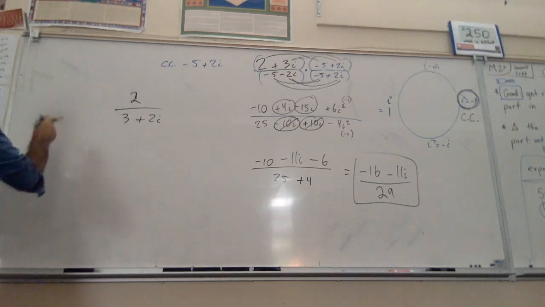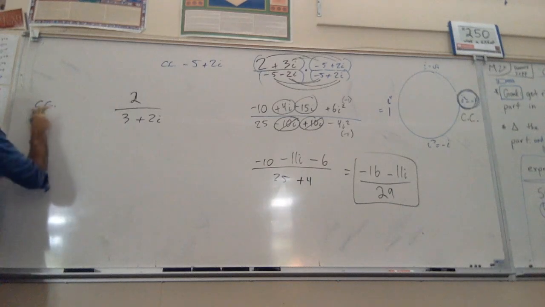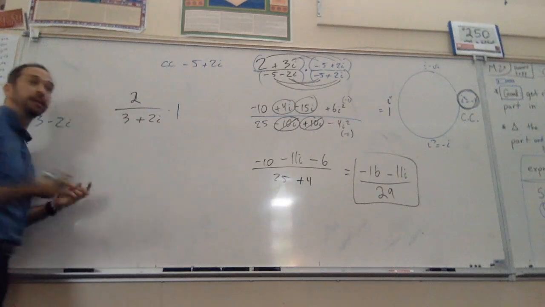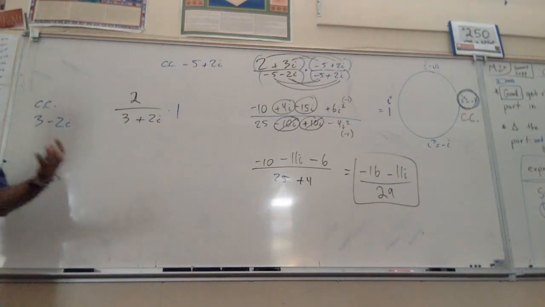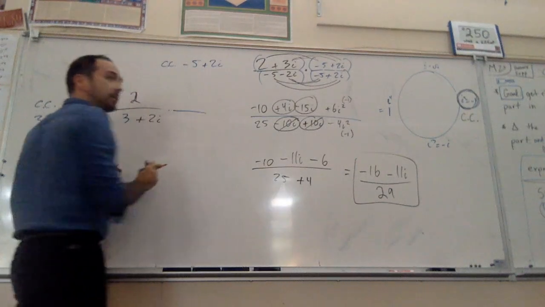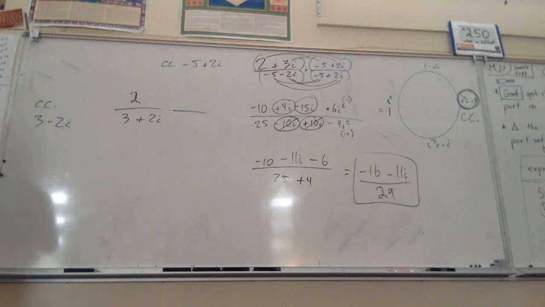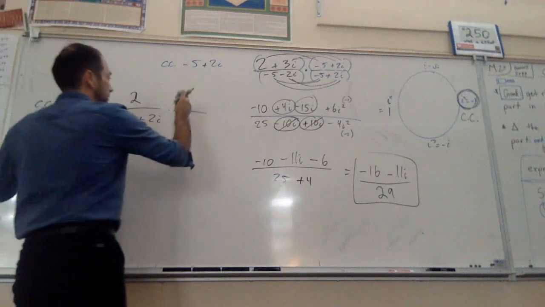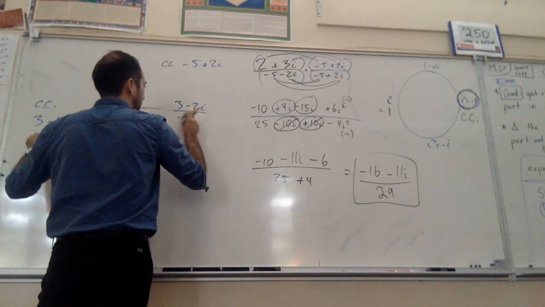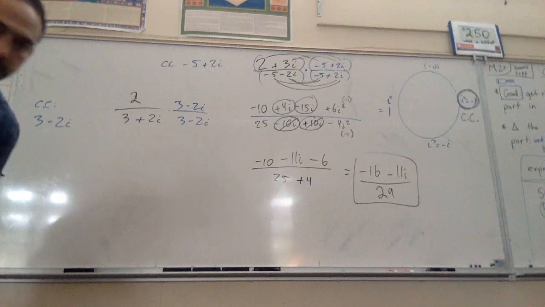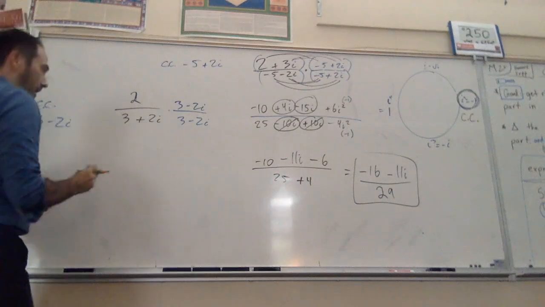What is my complex conjugate? 3 minus 2i. Everyone's okay with this? Multiplying anything by 1 doesn't change it. Name of the game, don't change it. So we can multiply by a special one. What's that special one going to be? 3 minus 2i, right?